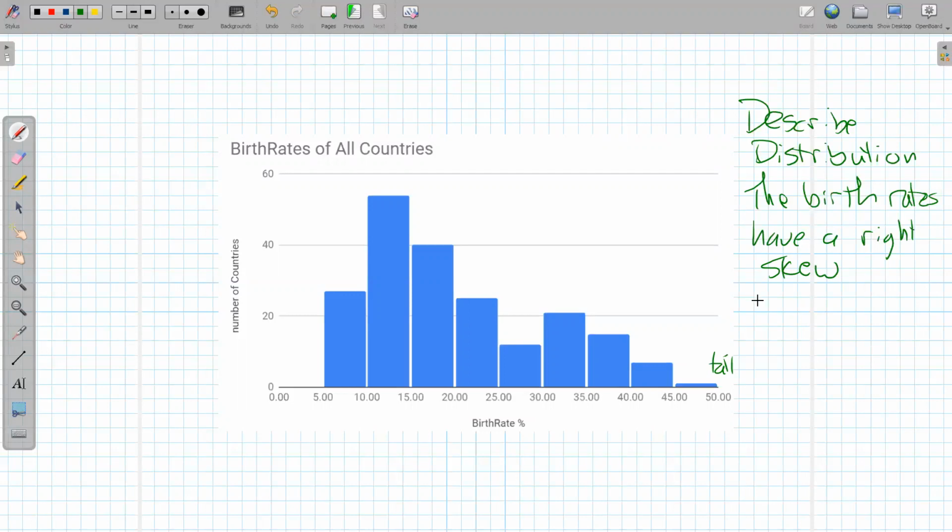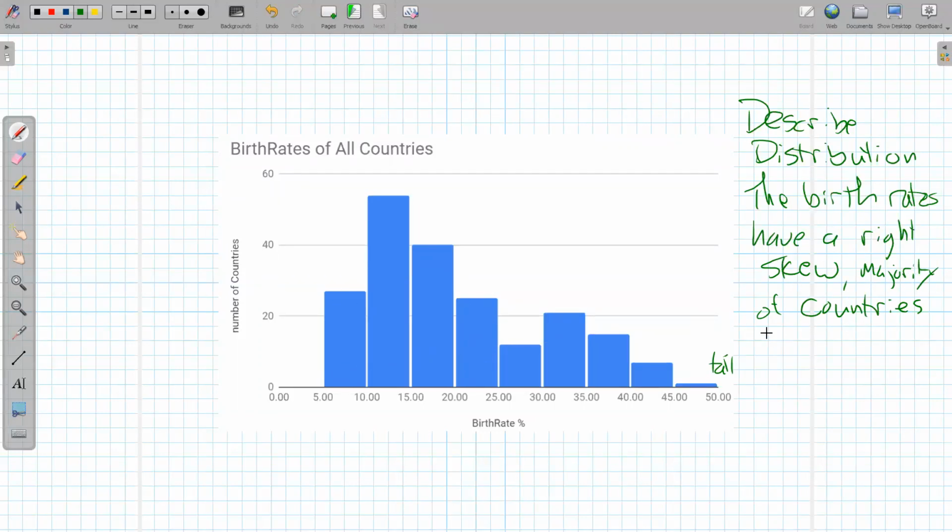What else can I say about this? Majority of birth rates or countries, counting, have birth rates between 10 and 25. Those are the tallest stacks here. Even 5 is pretty tall. So let's go 5 to 25.